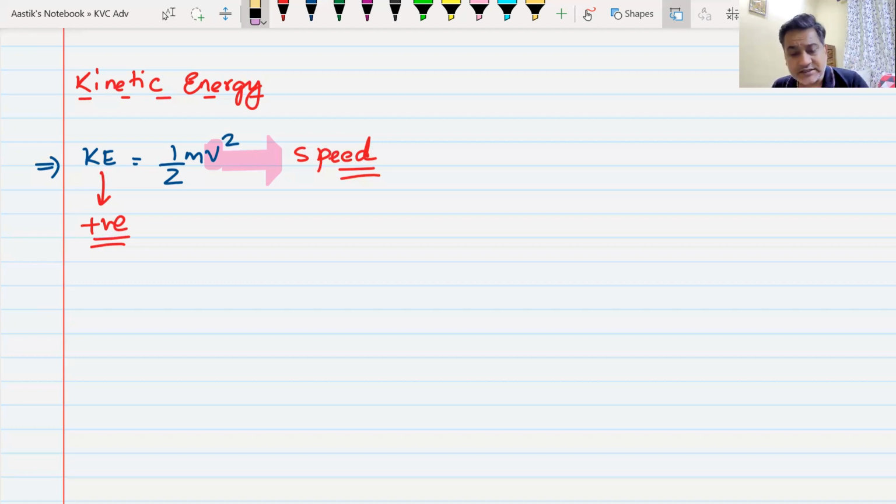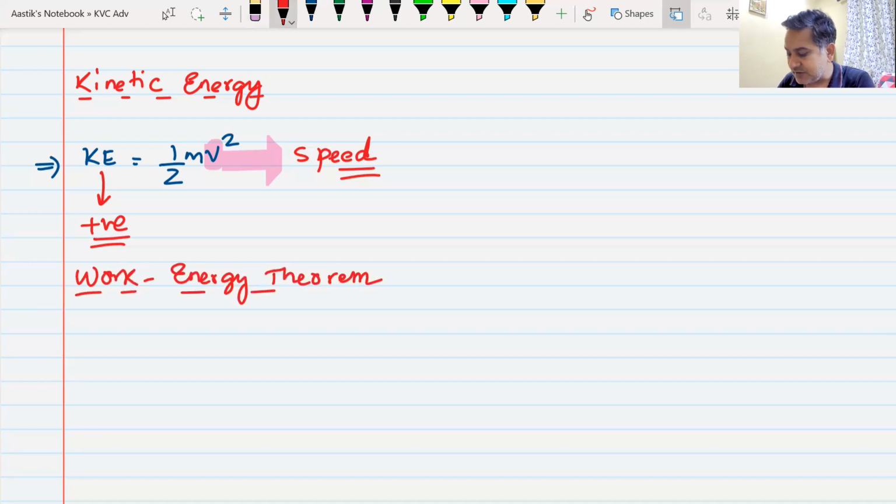If its speed changes, its kinetic energy changes. So basically, we can say that the effect of force on a body can be measured by the change in its kinetic energy. Yes or no? Yes, sir. And we call this principle the work energy theorem. What is this work energy theorem?